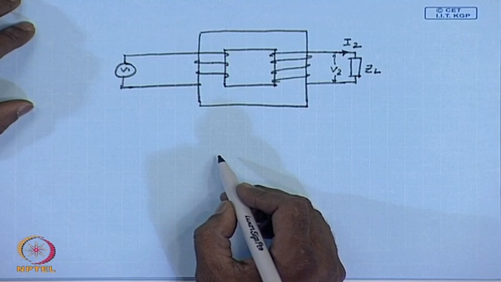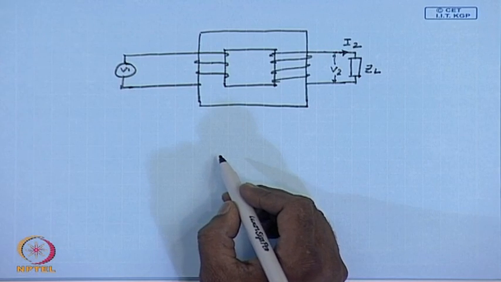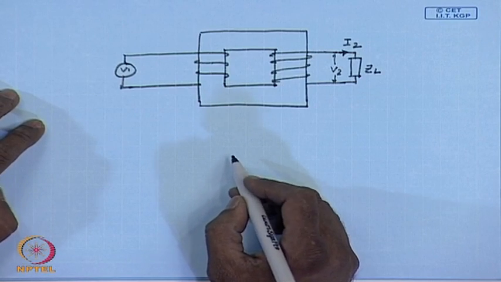This can be predicted from the approximate equivalent circuit, which we draw referred to the load side now.